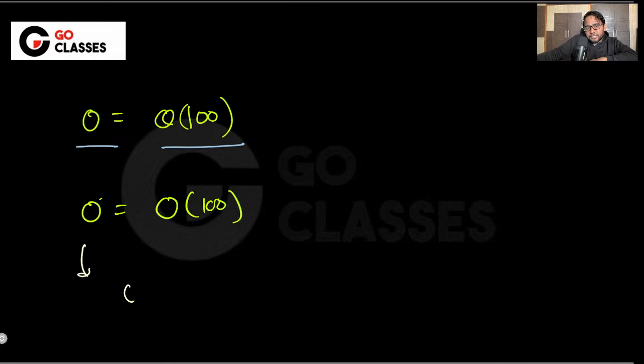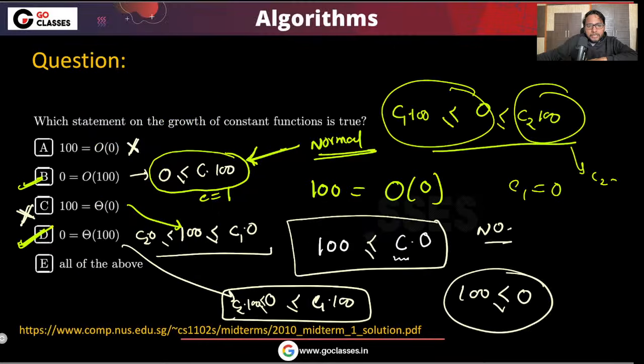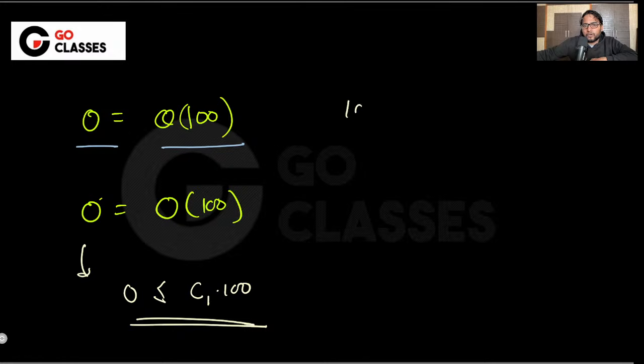It means 0 is less than or equal to C into 100, right? For some C, this is definitely true. Now, 100 equal to order of 0 is false. Why? Because 100 less than or equal to C1 into 0 is false. Definitely.